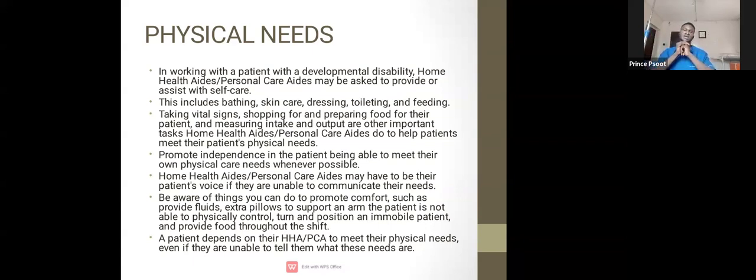Home health aides or personal care aides help patients meet their physical needs, promoting independence in the patient being able to meet their own physical needs whenever possible, and may have to be their patient's voice if they're unable to communicate their needs.